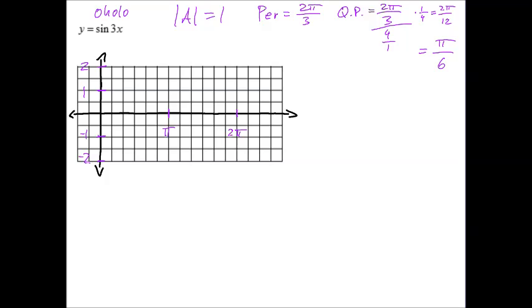So now we're ready to plot our points. We start at 0. Then after 1/4 period, which is pi over 6, so just 1 box over, we get to the high. 1 box more, we get back to 0. 1 box more, we get to -1. 1 box more, we get back to 0.